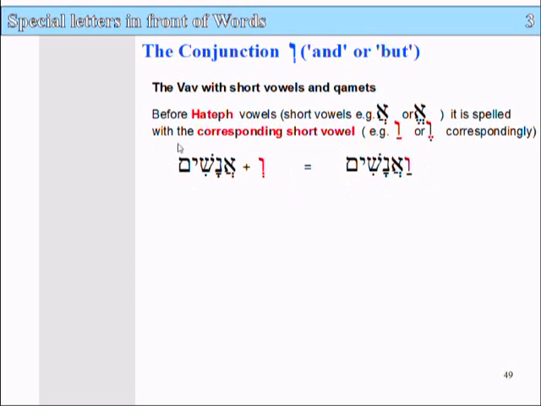Unless you're actually spelling out words, you don't need to know things to this level, but it's good as a backgrounder just to understand how these vowels change. And there are all these different rules concerning them, but you don't have to memorize this.